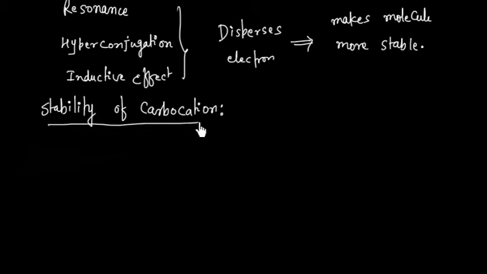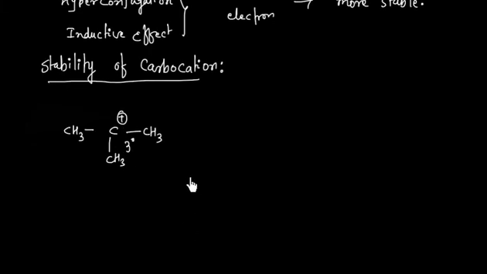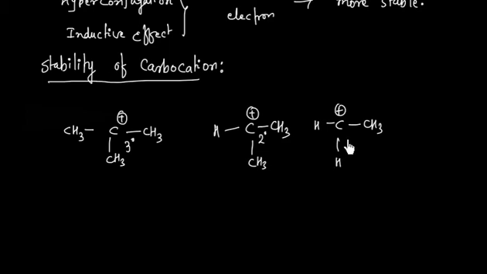For example, let us say if I have this carbocation, this is a tertiary carbocation. Next we can have this carbocation, this is a secondary carbocation. Or we can have this carbocation, it's a primary carbocation, or we can have methyl carbocation.